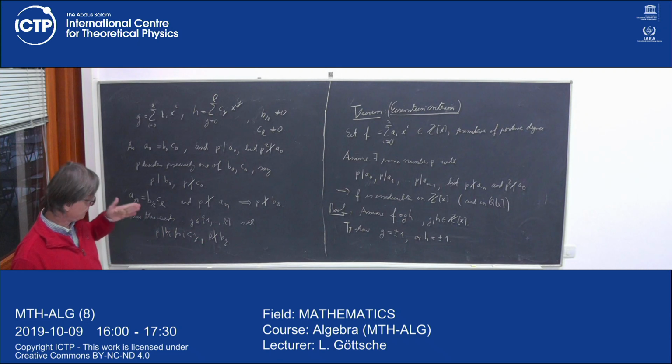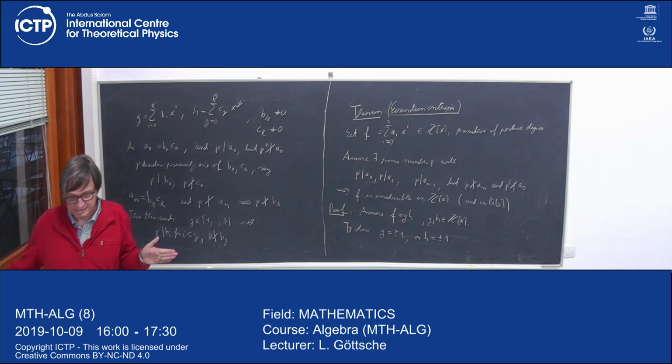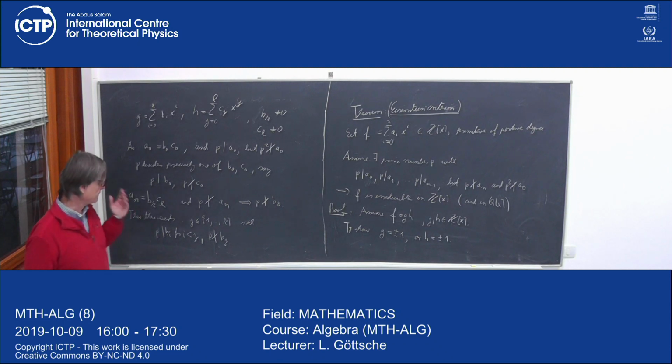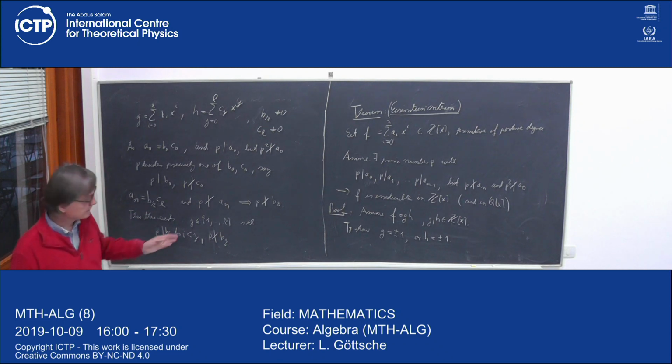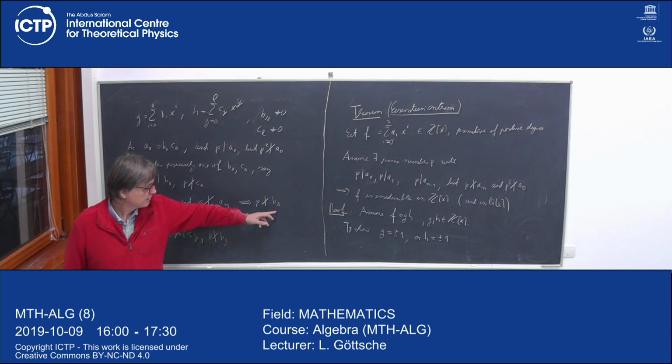So there will be a first time so that it doesn't divide, while it divides everybody that comes before. So it might be that it doesn't divide b_1, then this j will be equal to 1. But if it divides b_1, then maybe it doesn't divide b_2, then j will be equal to 2. In the worst case, it divides everybody but not b_k, then j will be equal to k.